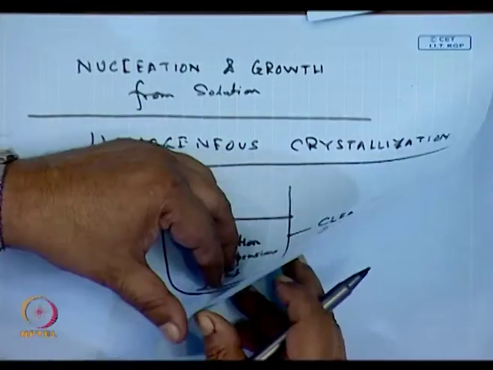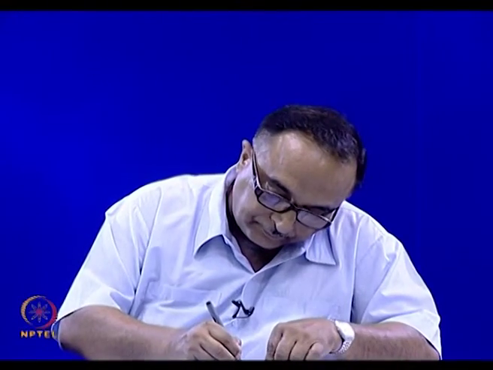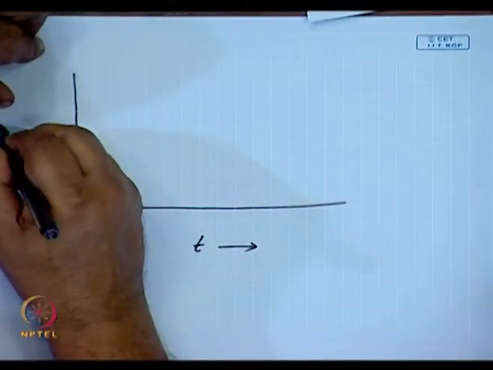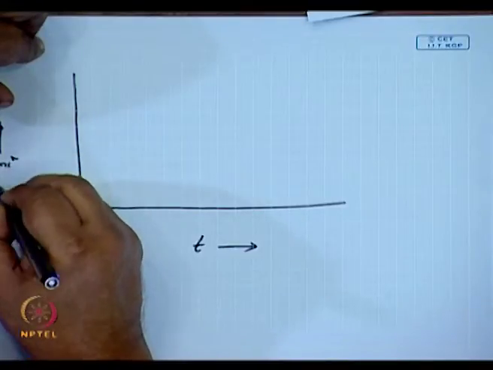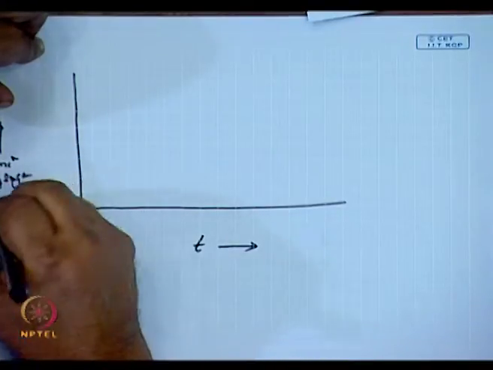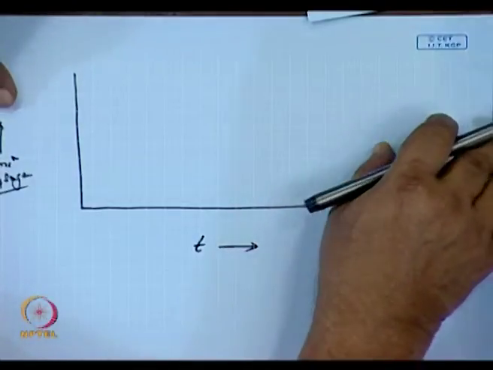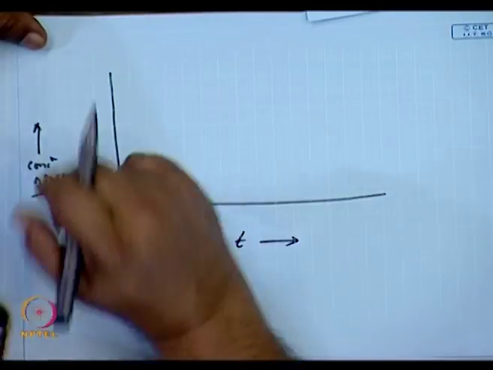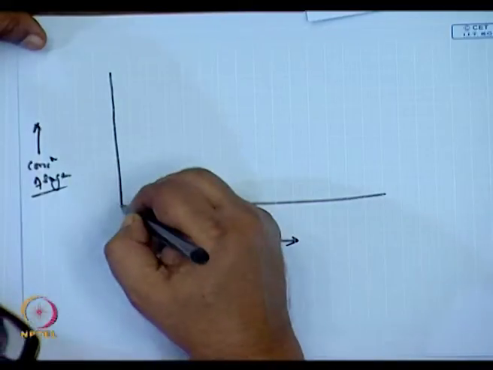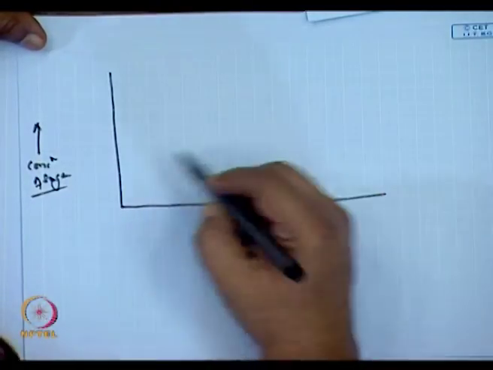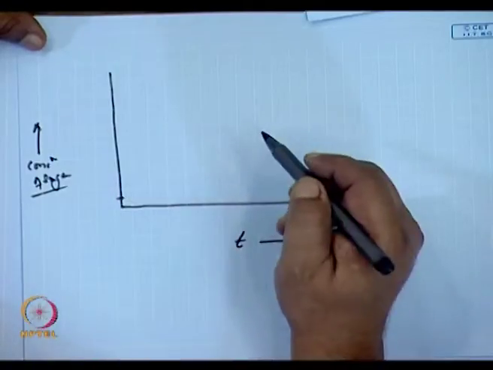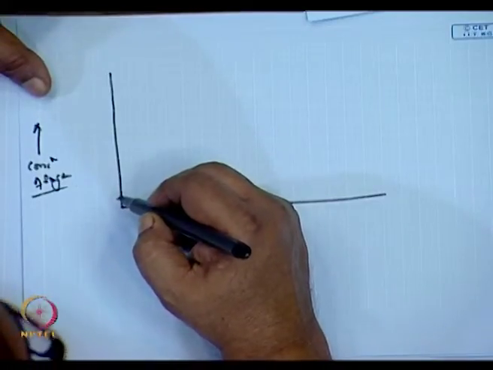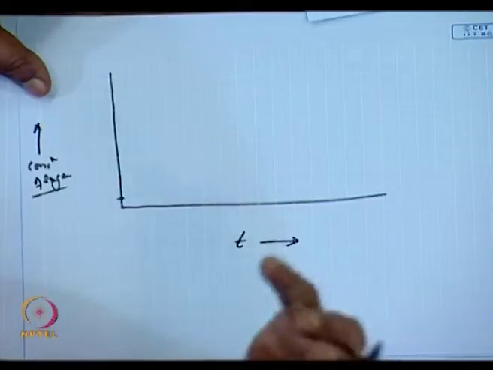Let me take up a diagram. Let me take the case of the sugar cane itself. On this axis I have plotted the time and this concentration of sugar. At 0 time I have got the standard sugar cane and the concentration of sugar is, let us presume, somewhere over here. What they do? They then heat it. As it is heated, water starts evaporating.